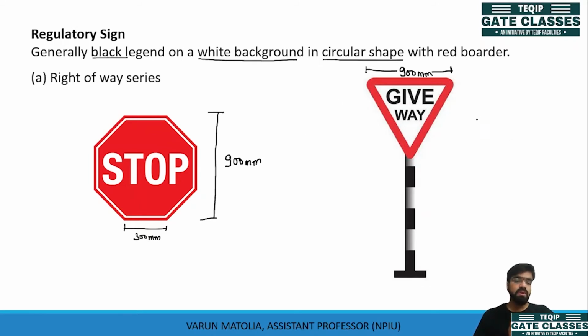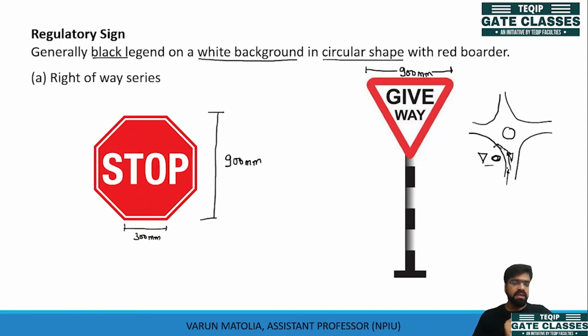Let us say this is a rotary, if a vehicle is entering from here, from the traffic island to the center, this zone is the give way zone. The sign will be provided here. This give way sign will be provided here.